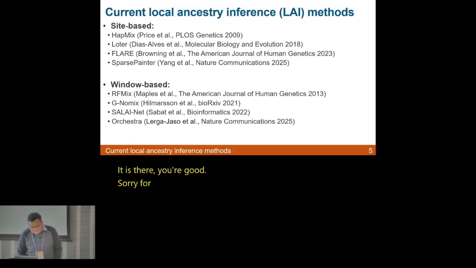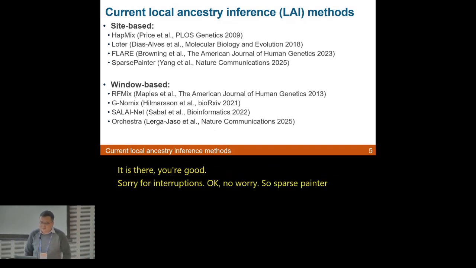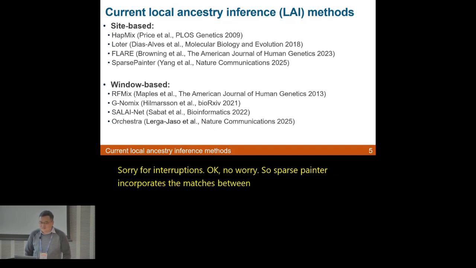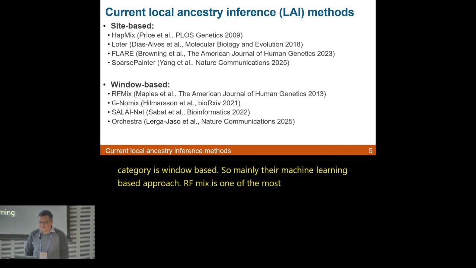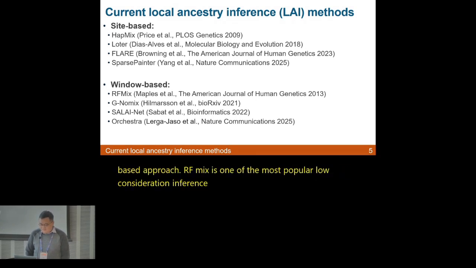Okay, no worry. SparsePainter incorporates the matches between the query haplotype and the panels within its hidden Markov model. The other category is window-based, which mainly uses machine learning-based approaches. RFMix is one of the most popular local ancestry inference methods. It uses random forest classification to make the inference. Gnomix uses two different stages to make the inference.